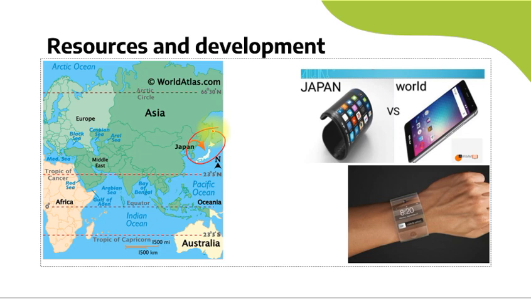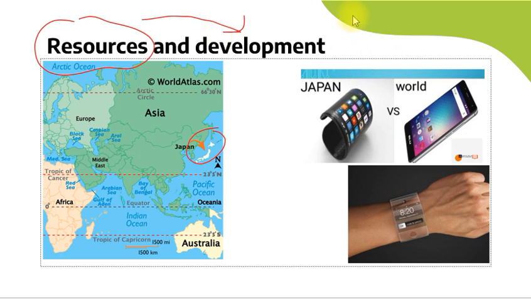Again, it has limited industries, but technologically it is very advanced. So if I see that resources are very limited, but the limited resources are being utilized in a better way, they are leading to what? They are leading to development, right? Despite the fact that they are very limited in number, they are leading to the development of the country.